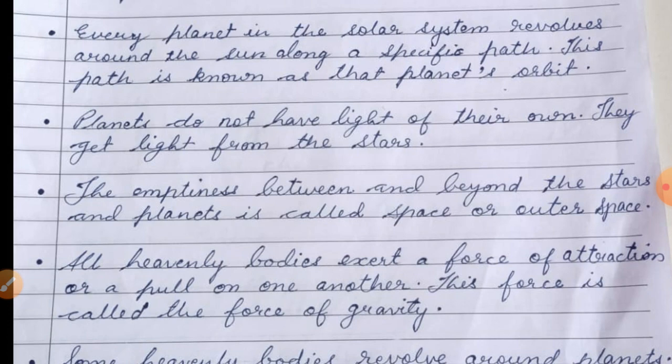Next, the emptiness between and beyond the stars and planets is called space or outer space. Next, all heavenly bodies exert a force of attraction or a pull on one another. This force is called the force of gravity.